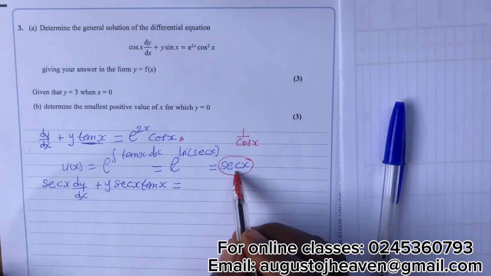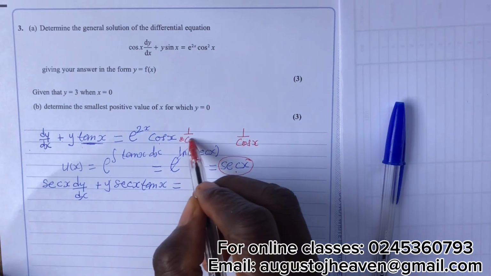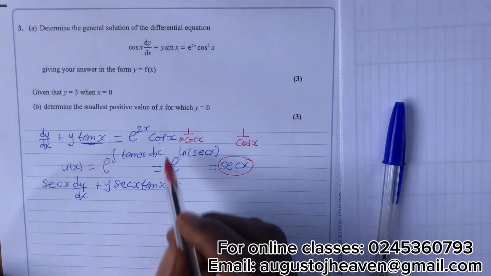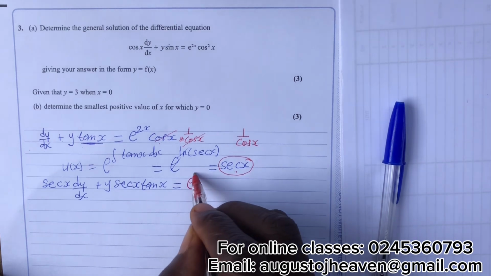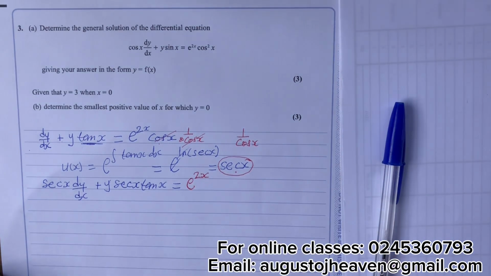So multiplying this one by secant of x is the same as multiplying here by cosine of x. And that cosine of x will cancel this. So here we'll be left with e to the power 2x in a very simple way.